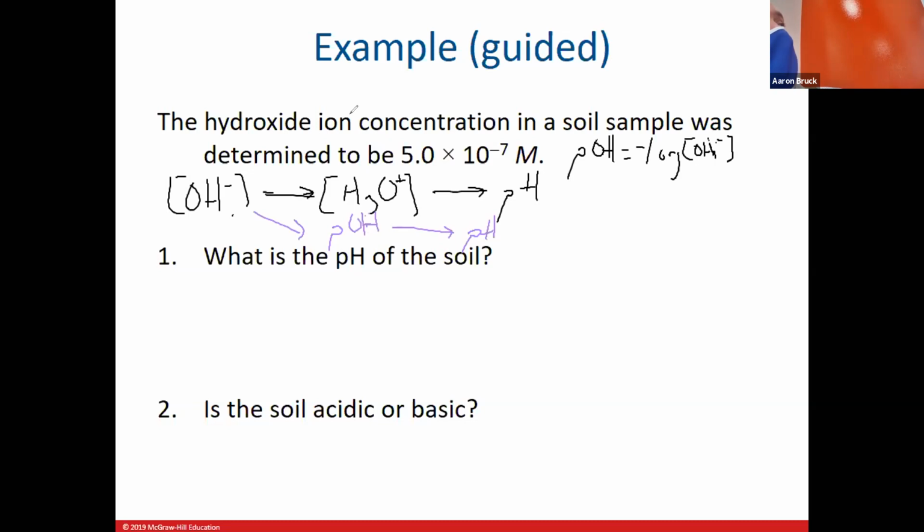And that's all well and good, but if you can't convert the pOH into pH, it's not that useful. Well, the other half of this is that pH and pOH add together to give us 14.